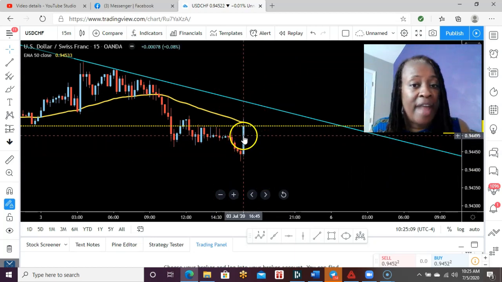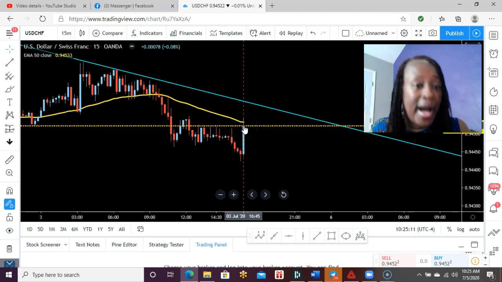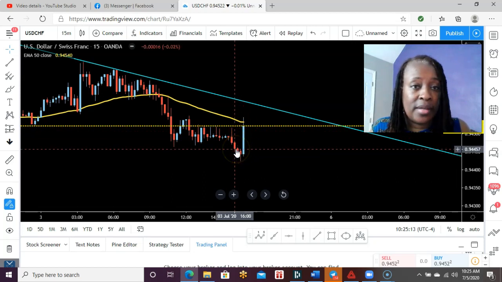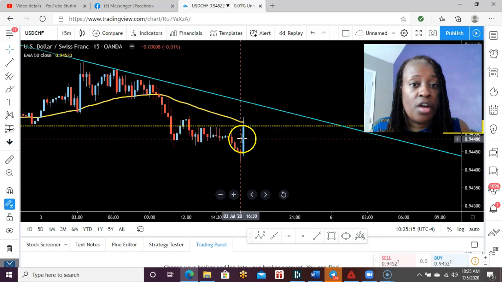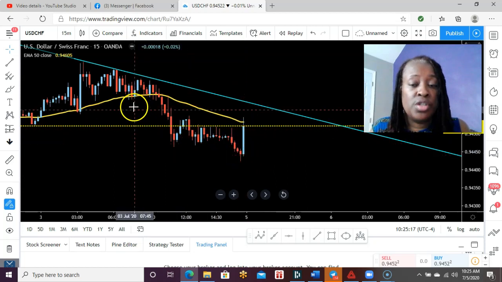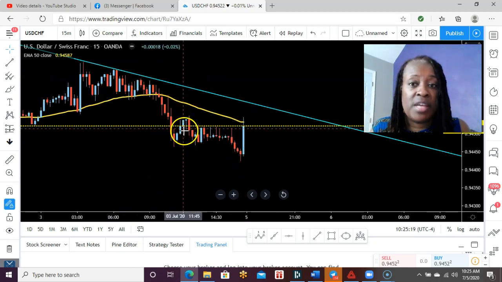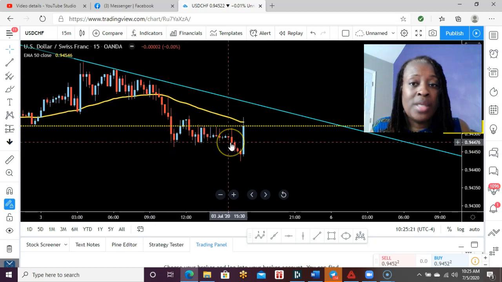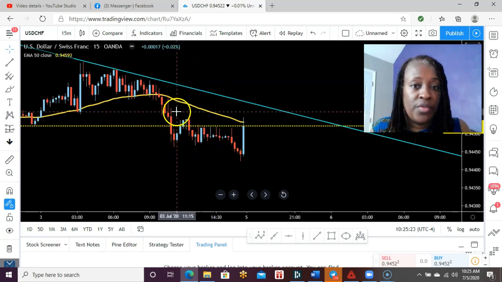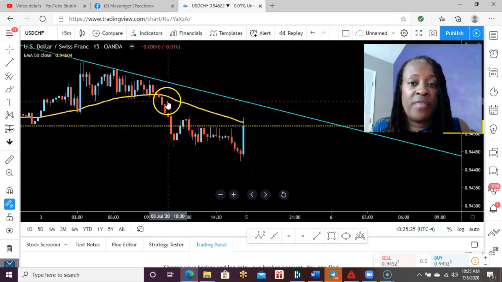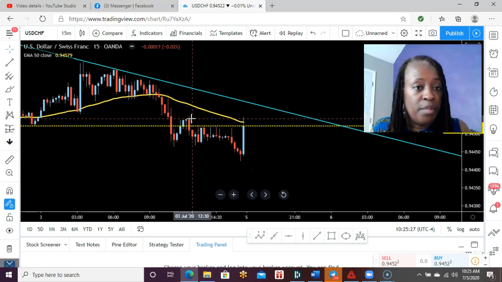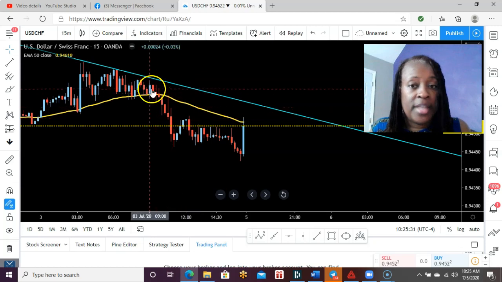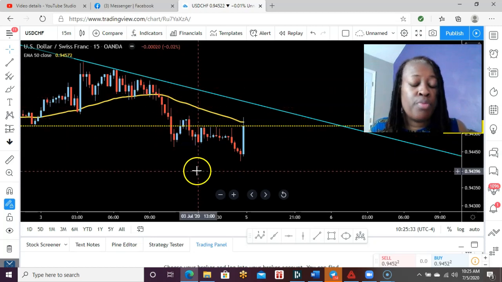Because of that, you don't want to go ahead and put in any buy, because we're still selling. This is a correction to what? To the 15-minute, because on the 15-minute, we're in an overall sale. So if that be the case, then the impulsive move is bearish, because price moves in three directions: impulse, correction, and continuation.